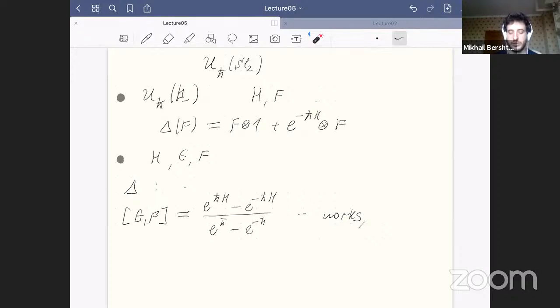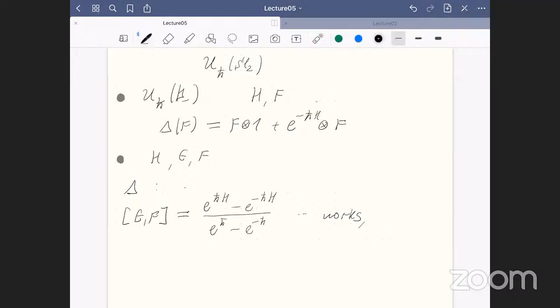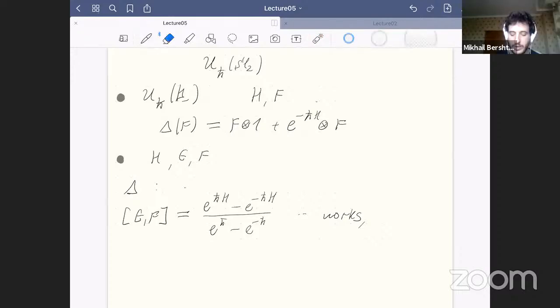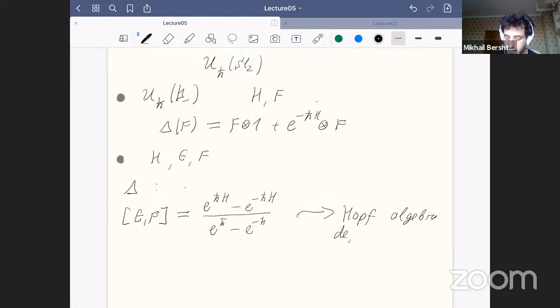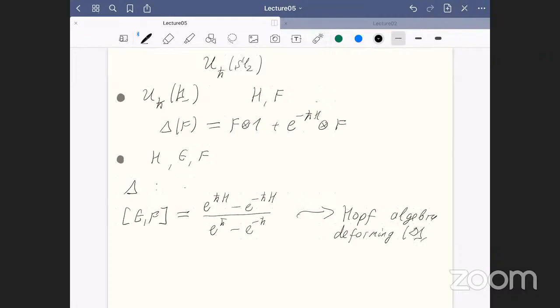You have to get a Hopf algebra, and this Hopf algebra is a deformation of the algebra structure which we had before: a Hopf algebra with associative multiplication such that the commutator satisfies this equation.